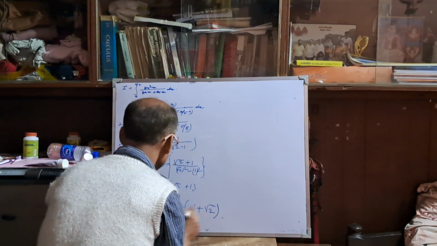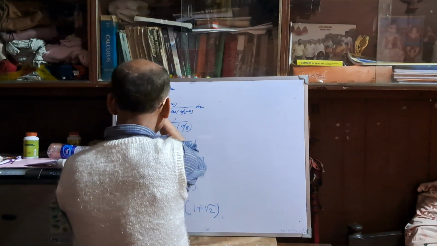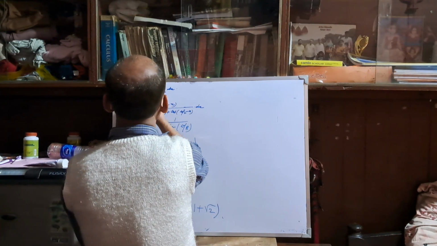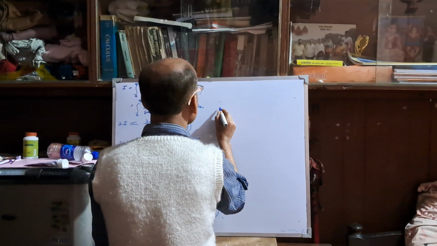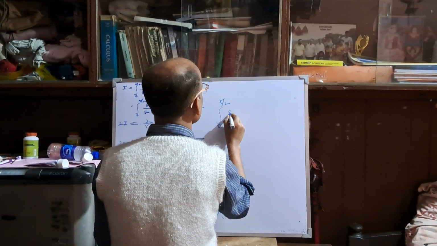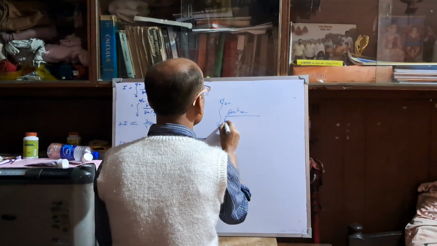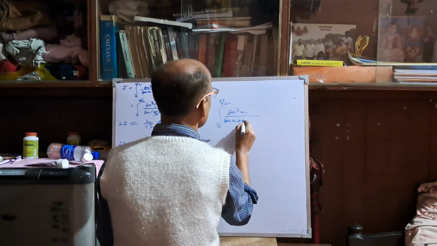So I is equal to, you know what I is. I have taken I as the integral from 0 to π/2 of sin²x divided by (sin x + cos x).